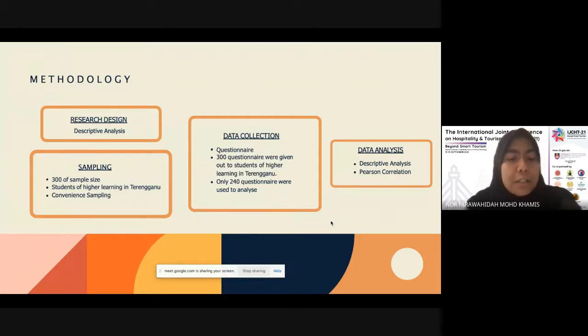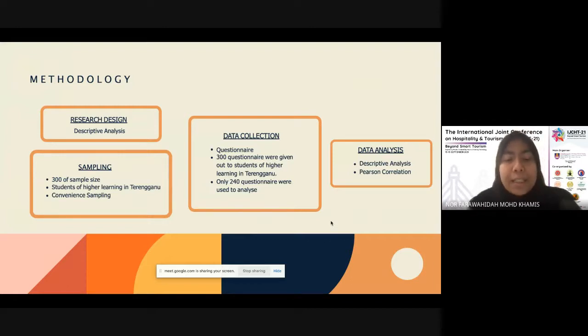The research design for this study is descriptive analysis. The sample size for this study is 300, based on a study done in 2013 regarding the factors influencing dining experience and revisit intention among undergraduate students towards fast food restaurants. The population for this study is students of higher learning in Terengganu.